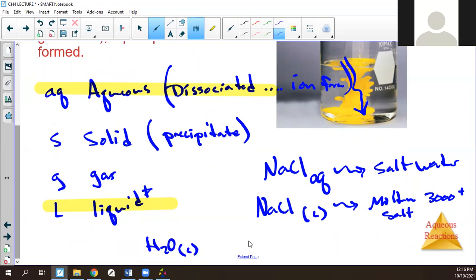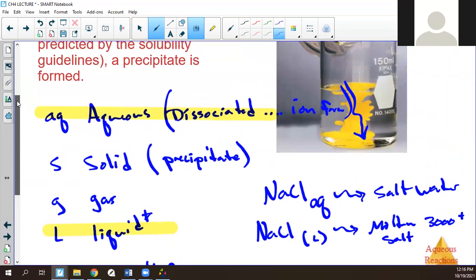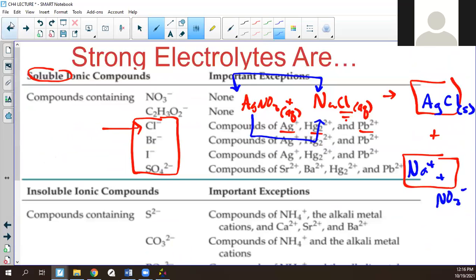Now H2O in some reactions is a gas. And we don't usually ever say it's a solid because we don't do most experiments below the freezing point of water. So when we talk about these reactions, aqueous means dissociated, solid means it formed a precipitate.